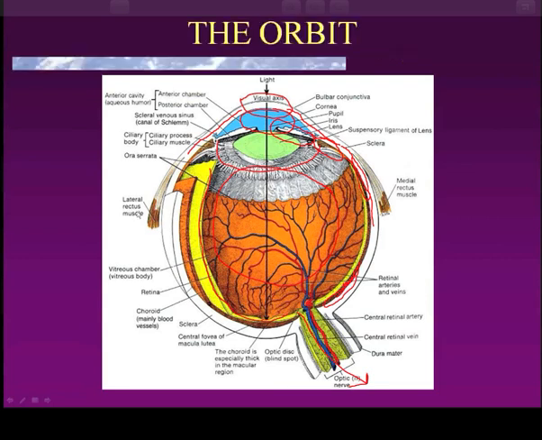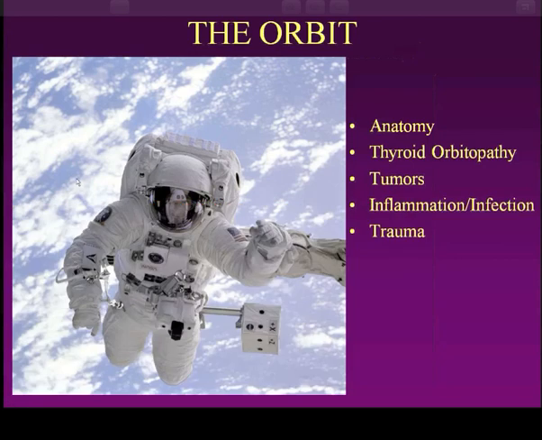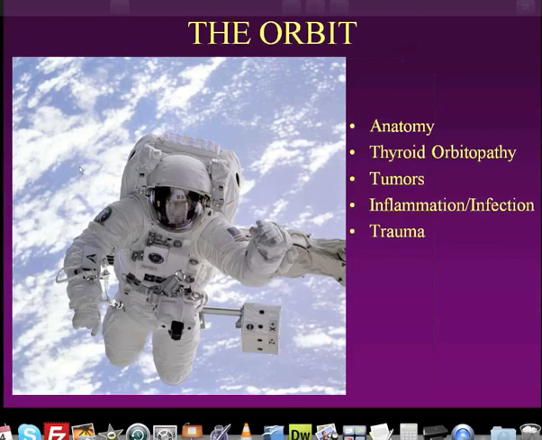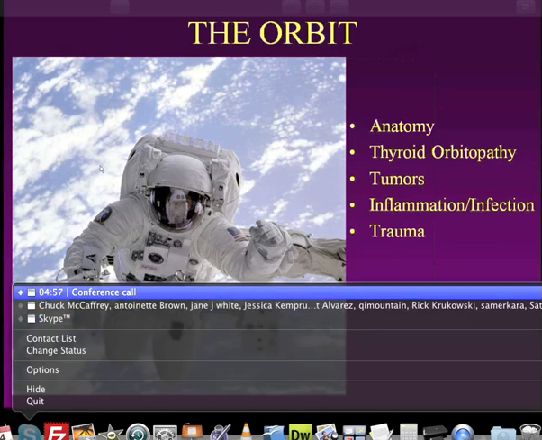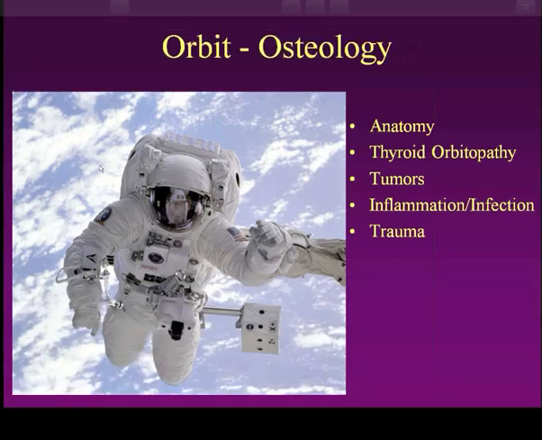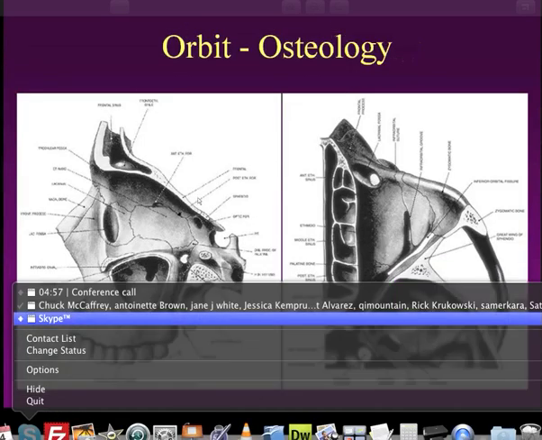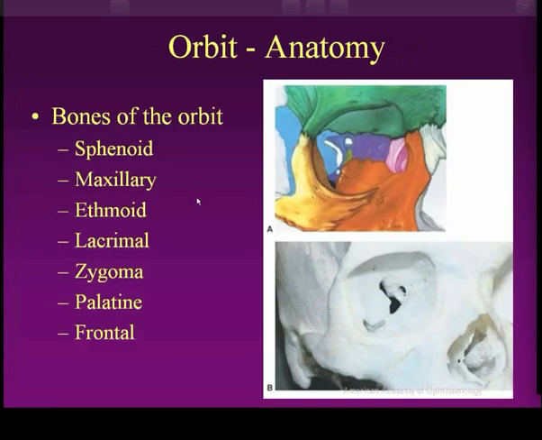So moving on, we'll go over the orbit. The orbit is the part of the face that holds the eye and the tissues that control the eye. There's a lot of bones in the orbit, and if you're into anatomy, this is one of the most interesting places.